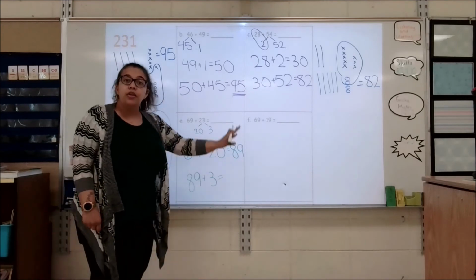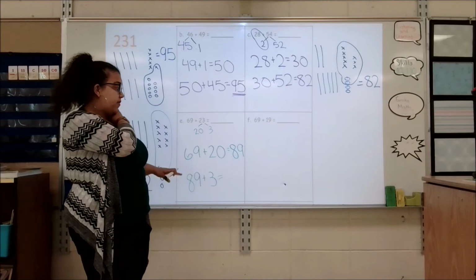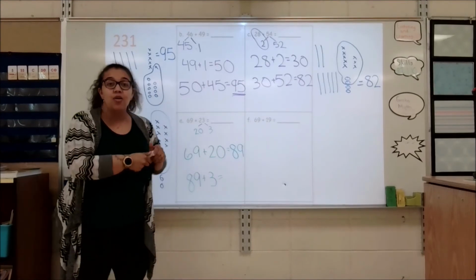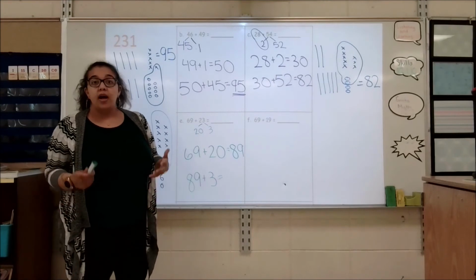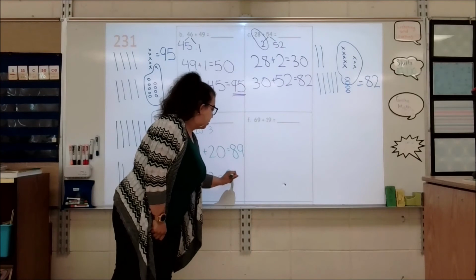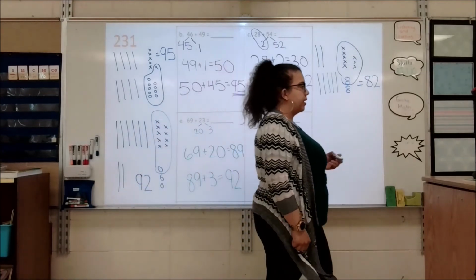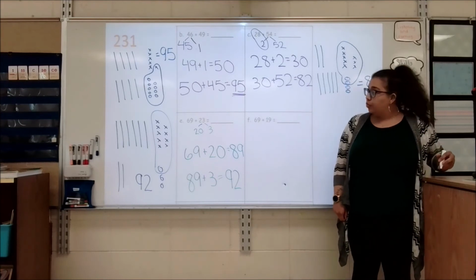So we crossed over into another group of 10, so we are going to have to change the value in the tens place, even though we're just adding ones, because 9 ones plus 3 ones is 12 ones. And we can't leave 12 ones, so 89 and 3 is 92.